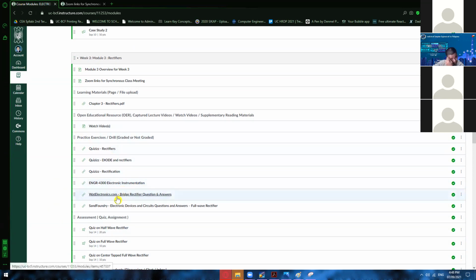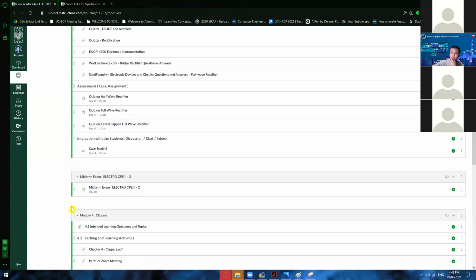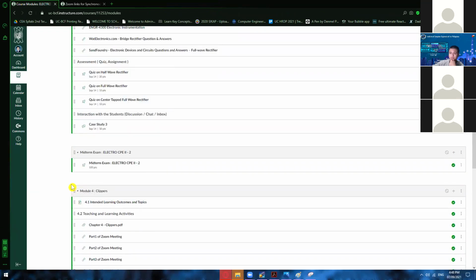Next meeting, I will just announce, and then we'll be having a votation if we're going to have an advanced discussion regarding the clippers. Hindi na to magiging part ng midterm exam nyo, but of course, sa finals na. But if you guys would like to discuss this next meeting, this coming Friday, we can do that.